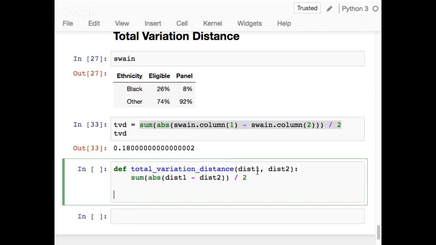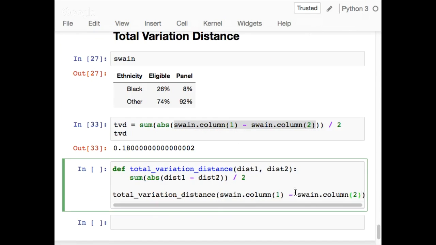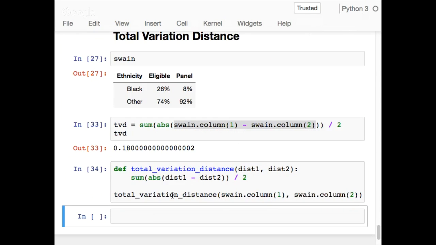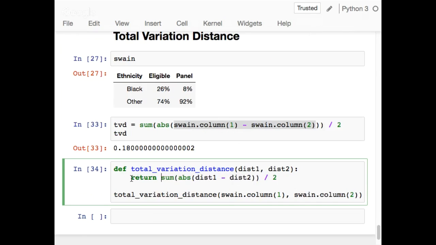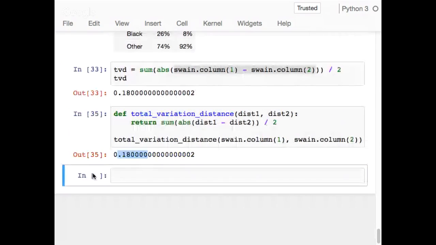Which means that I can just calculate this. Swain dot column 1, Swain dot column 2, stick that in there. And return. Okay, so same thing, just in function format, so I can reuse it later. All right, now let me take some samples out of my population.